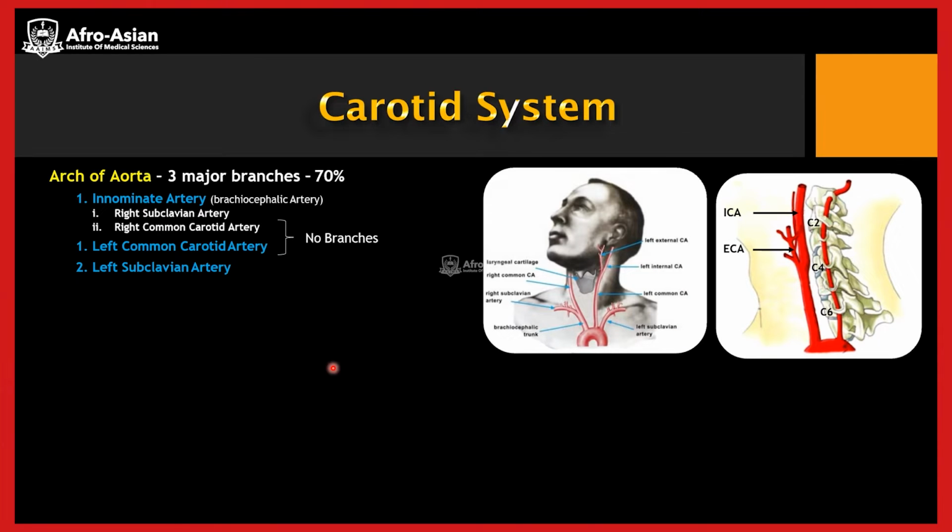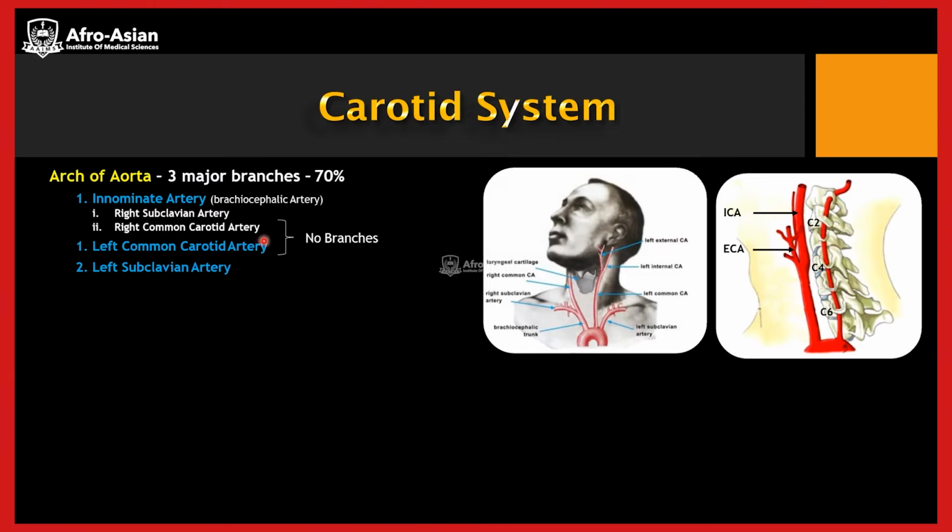From the arch of aorta, there are three major branches: the innominate artery, the brachiocephalic artery, which has got the right subclavian branch and right common carotid artery. The left common carotid artery also has branches, so there are a number of branches from left and right common carotids.